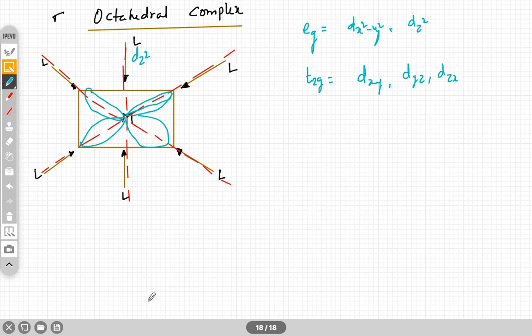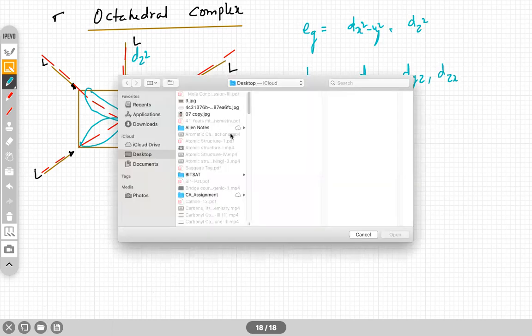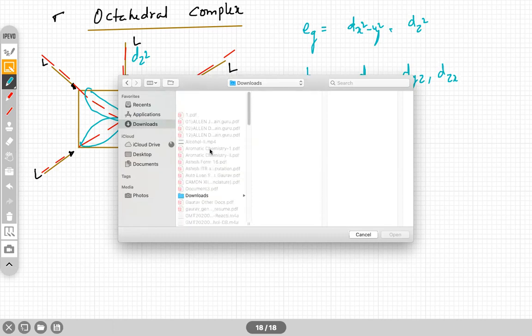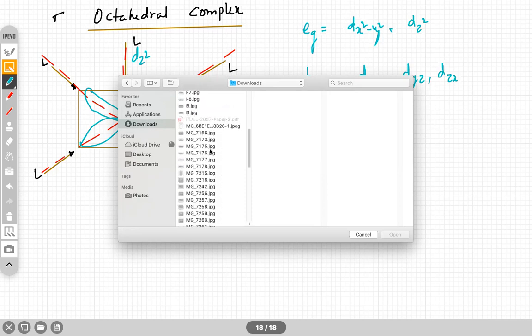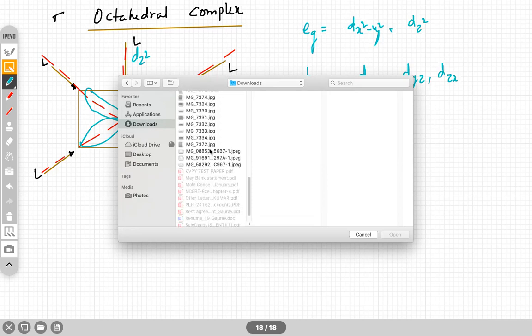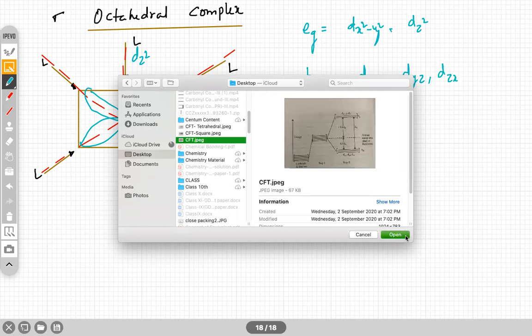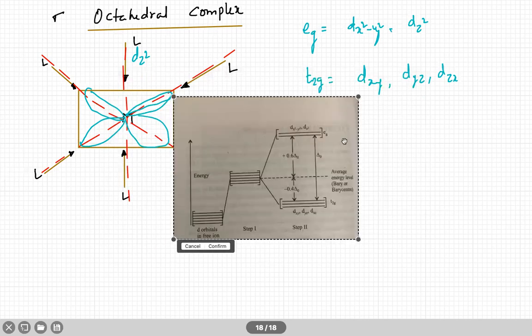Okay, so how does the splitting take place? I'll show you the diagram for that. You have to draw this. This is for the octahedral complex.